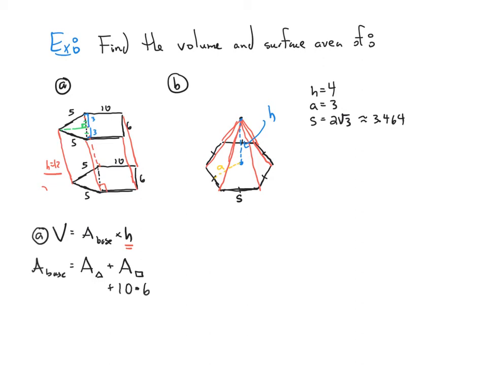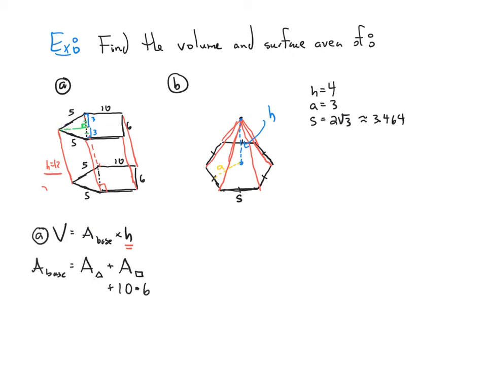So this right angle triangle here has a hypotenuse of 5. One of the legs is 3, and we have to solve for that green length there.